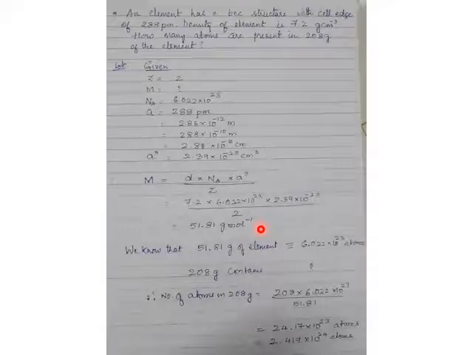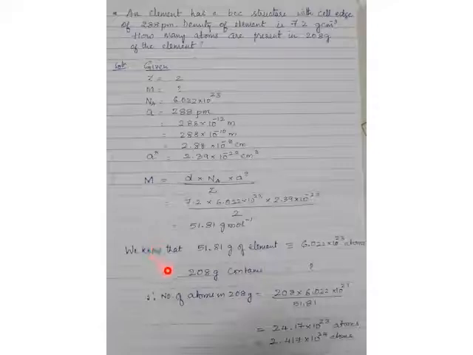Once you calculate this one, we'll relate molar mass and Avogadro number. We know that a substance in 1 mole quantity always contains Avogadro number of particles.